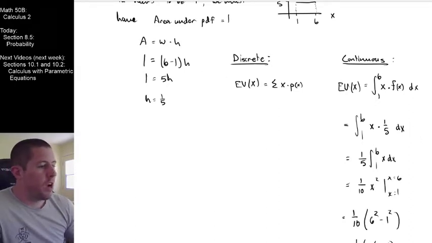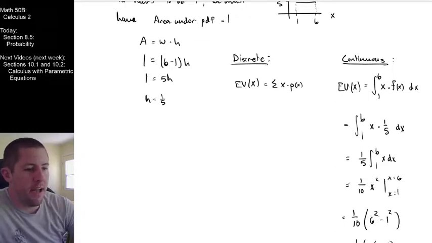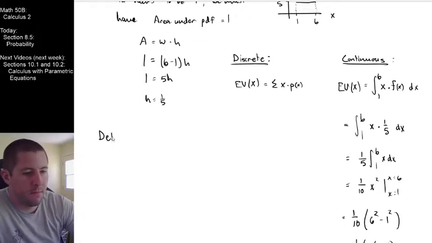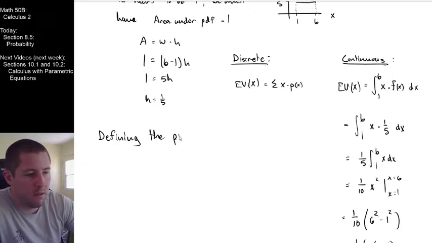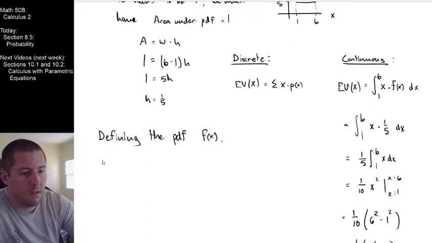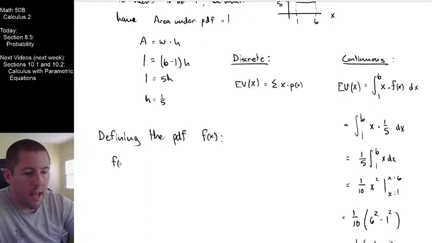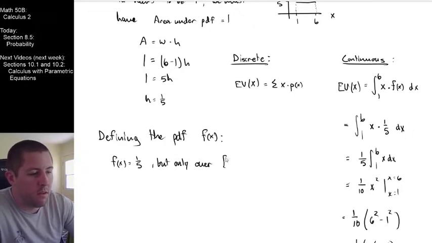So let's talk real quickly about defining the PDF. What we saw was that f of x was equal to 1/5, but only over the interval 1 to 6, right?